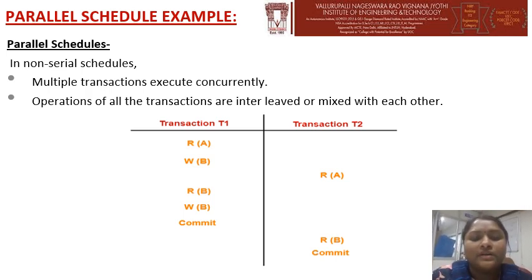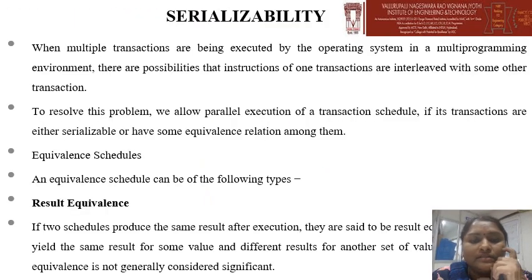One transaction performs some read-write action, and once it gets halted, the other transaction starts its read-write operations. So all the operations of the transactions are interleaved or mixed with each other. In a non-serial schedule there are possibilities of conflicts.